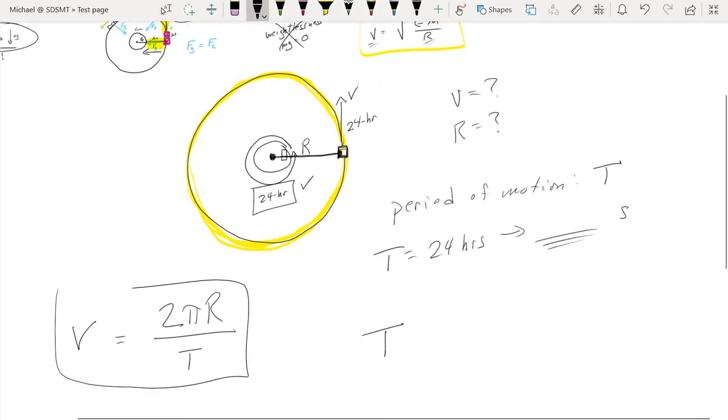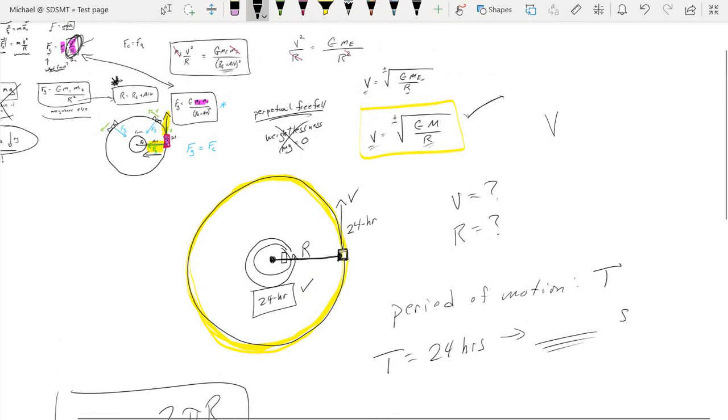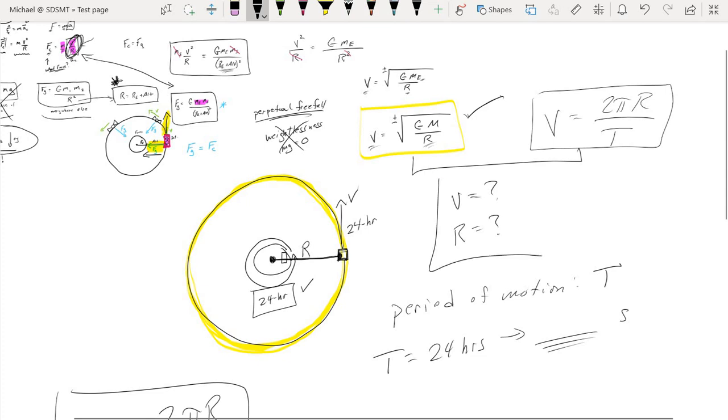But what do we have here? Well, it's a second equation that involves both the speed of the satellite and the center-to-center separation distance. And now that we have two equations, two unknowns, we're going to be able to solve specifically for one solution set that will work.